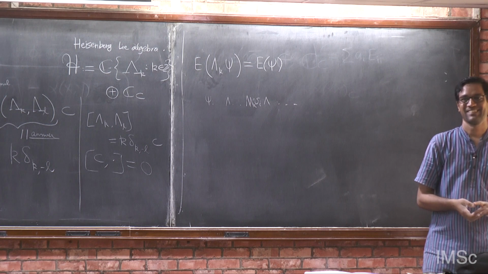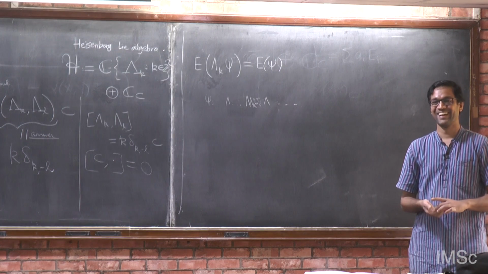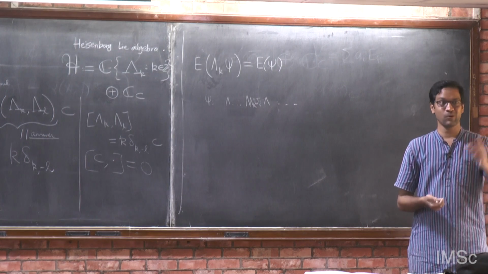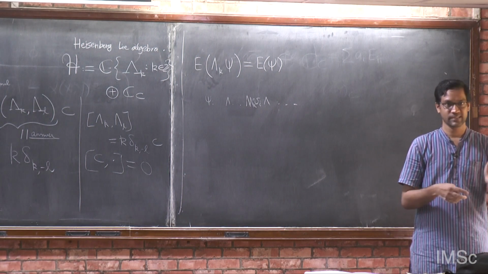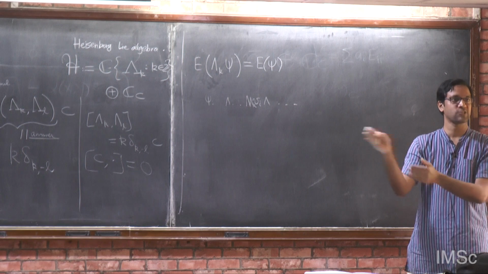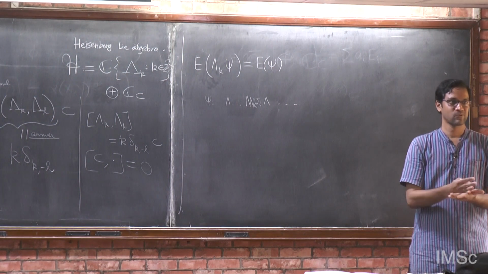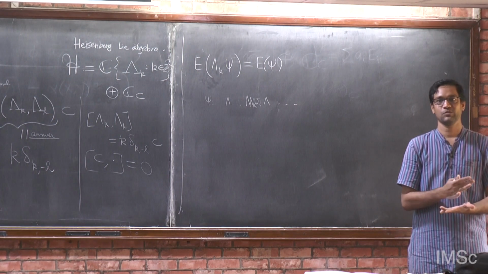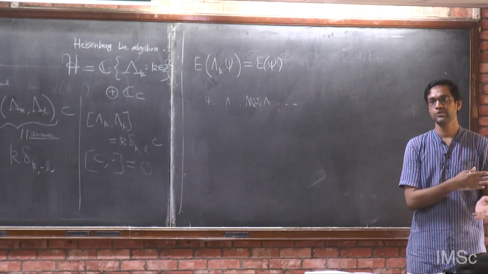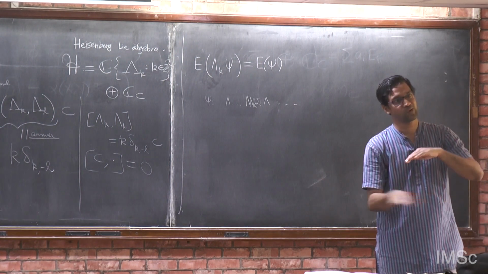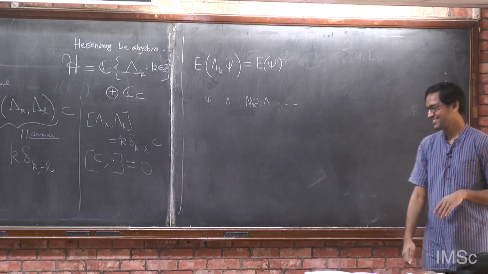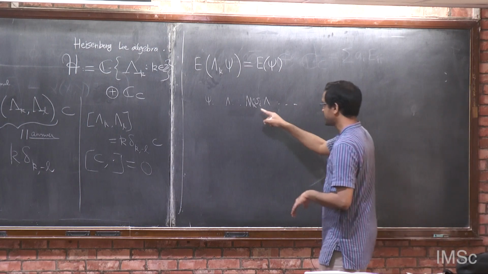That's also important. That's the GL infinity action, if you wish. And that's important because that will help you go across charges. You will start with just the vacuum, the guy with zero charge, and you'll be able to also change charges. So here it's only changing one guy at a time.